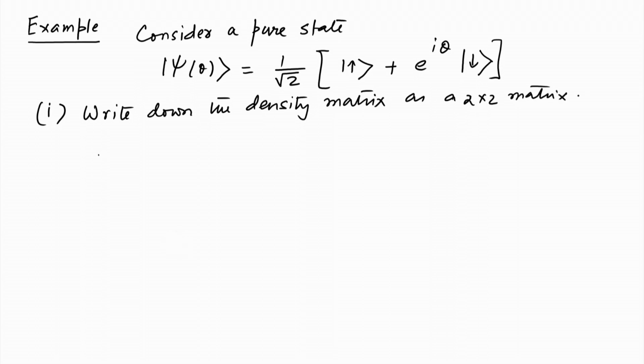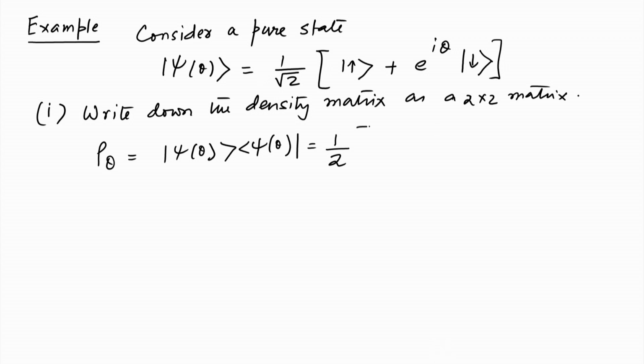That is fairly easy, because you will write this as |psi(theta)><psi(theta)|, which will simply be equal to 1 half, because there are two factors of 1 by root 2 coming.